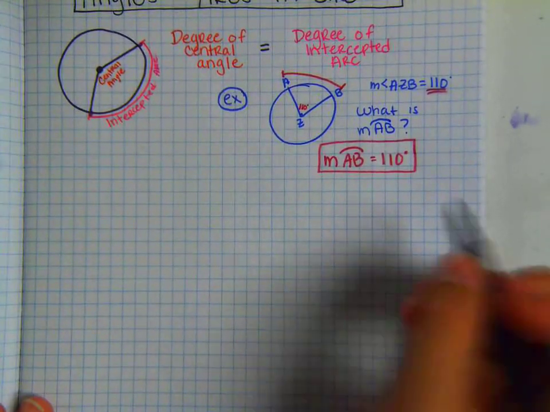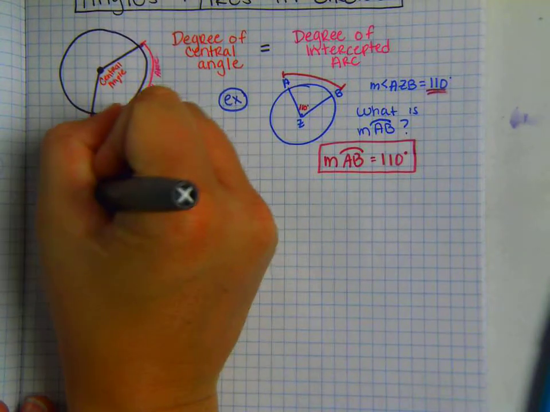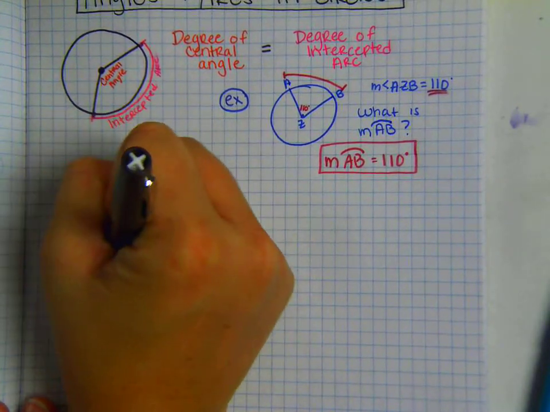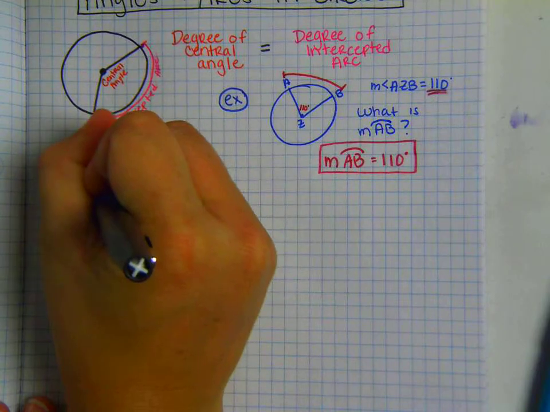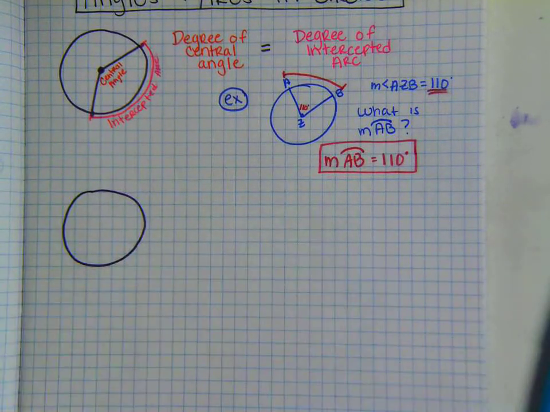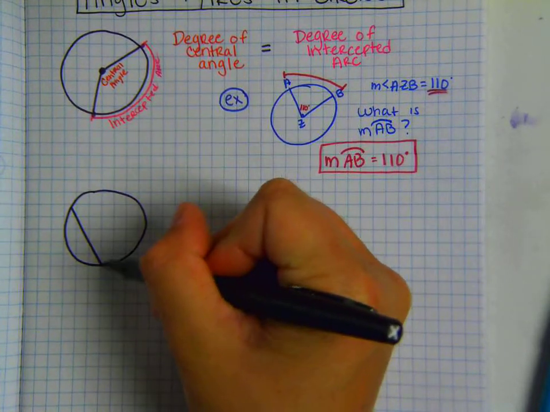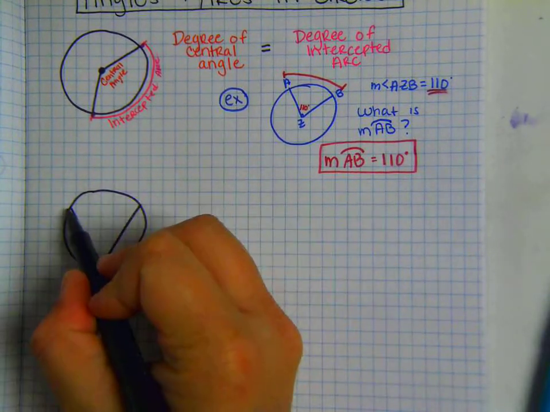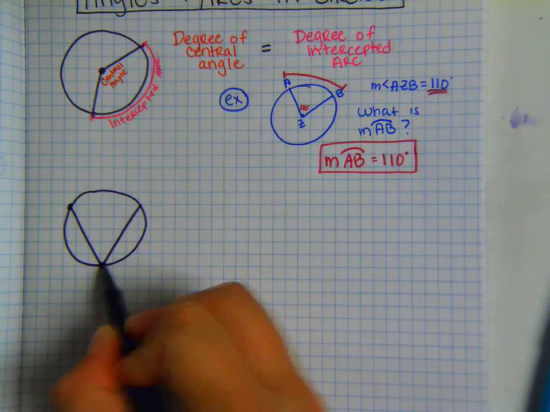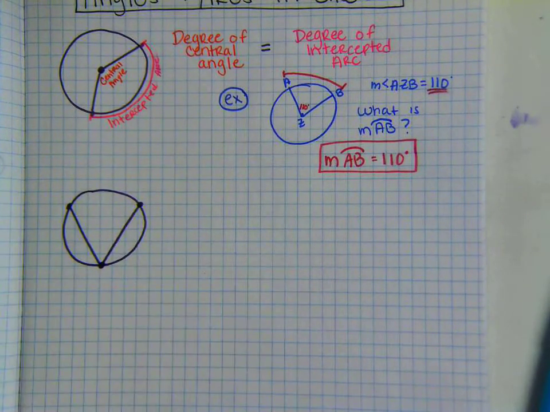Now, let's draw another circle. And now we have a different type of angle. And it's going to go from the edge of the circle to the edge of the circle to the edge of the circle, like that. And that is called an inscribed angle.